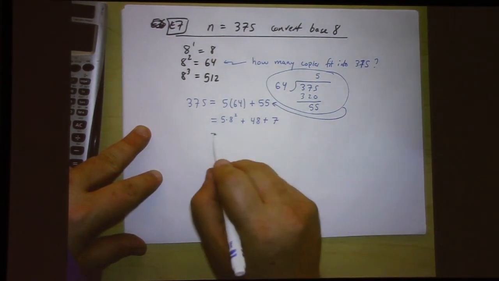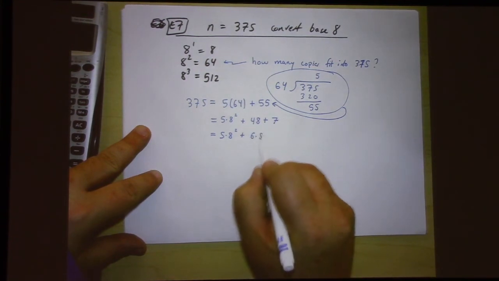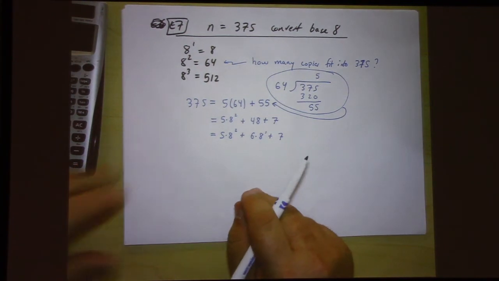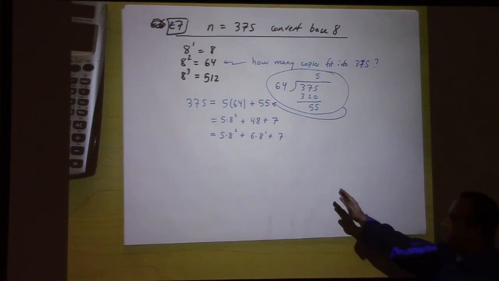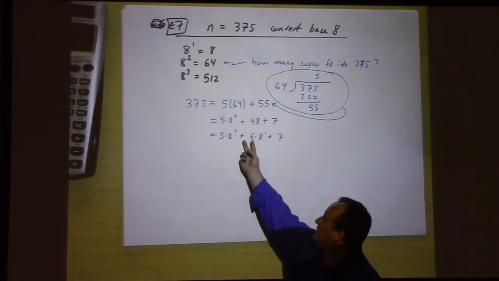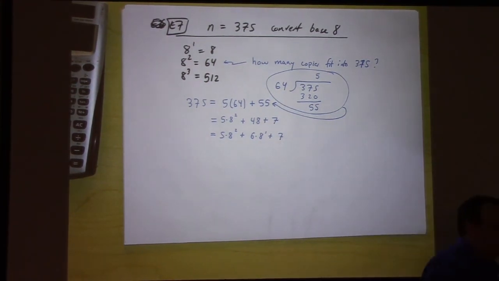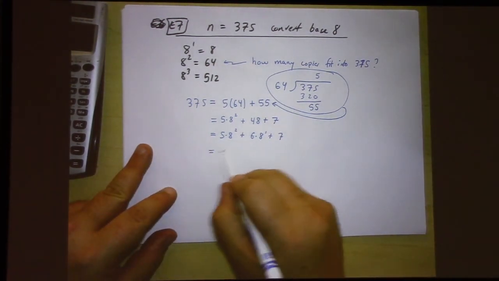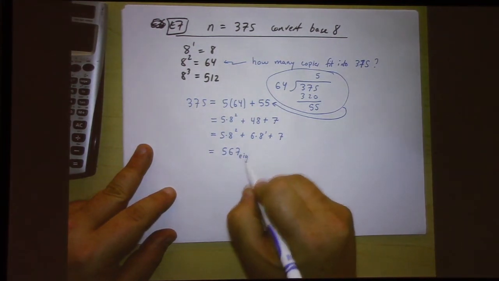And 48 is 6 times 8, so we got 5 times 8 squared plus 6 times 8, plus 7. So your goal in converting to base 8 is to write your number as a sum of powers of 8. So I can fit 5 copies of 8 squared, 6 copies of 8, and then 1 copy of 7 like that. And so in terms of base 8, 375 is actually equal to 5, 6, 7, base 8.